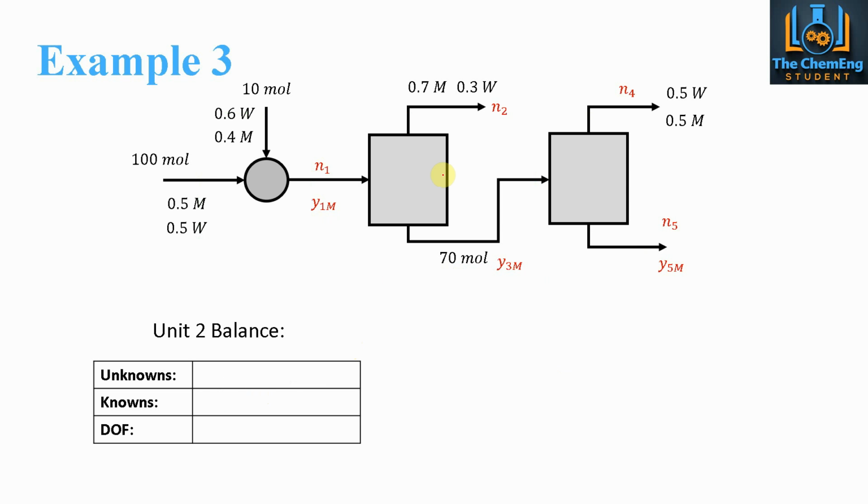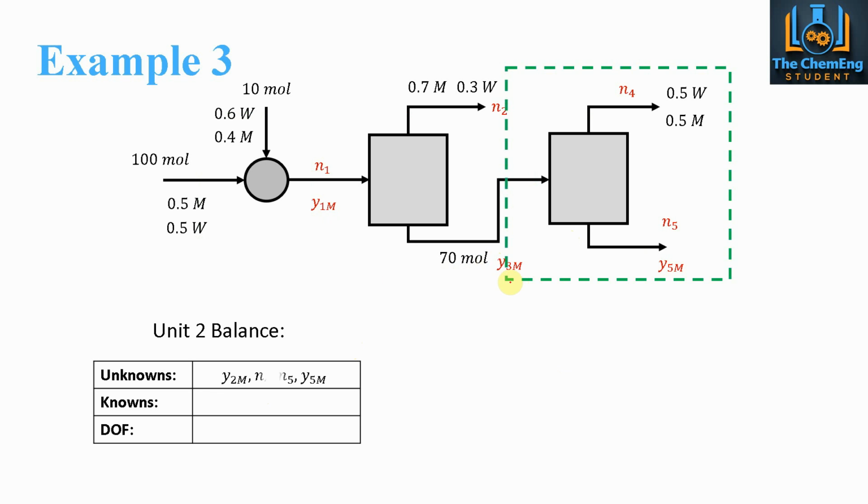Now let's take a look at unit 2. So exactly the same principle as before. We will consider only the unit 2, what comes in and what leaves. So we know what comes in terms of flow rate, but we don't know the composition. Then we don't know, so this should be 3, not 2. So we don't know the composition of the inlet.